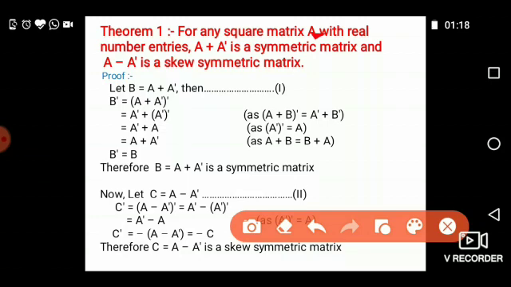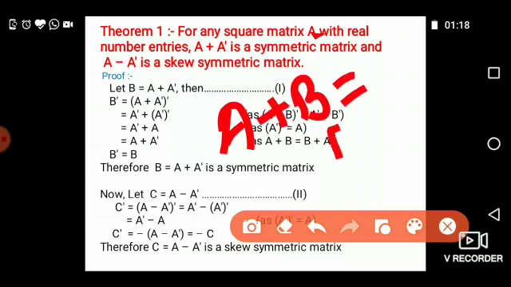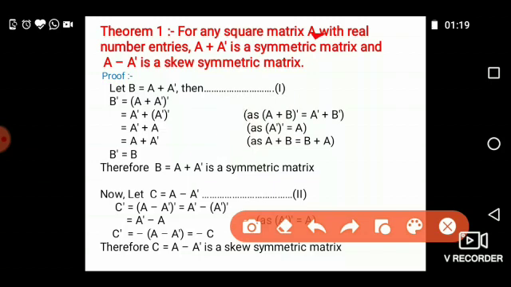As we know, if I add 2 matrices A plus B, we get another matrix, which we can call C or B. That matrix is also of the same order as A and B. With the help of this addition of 2 matrices, let me start proving this theorem. Let B be a new matrix obtained by addition of A and A dash. Let me denote this as equation number 1.